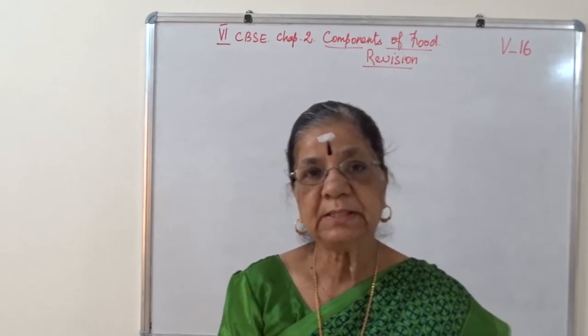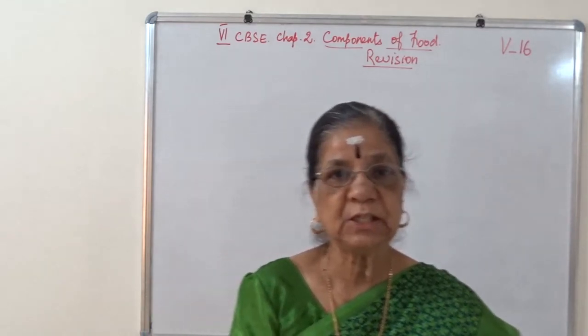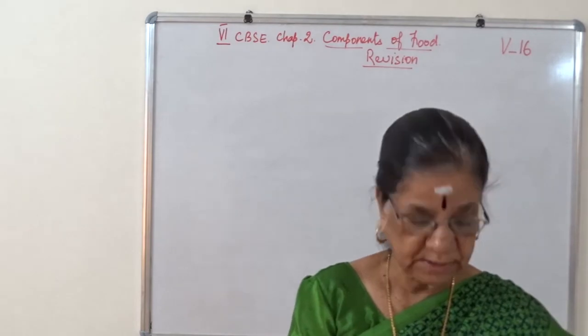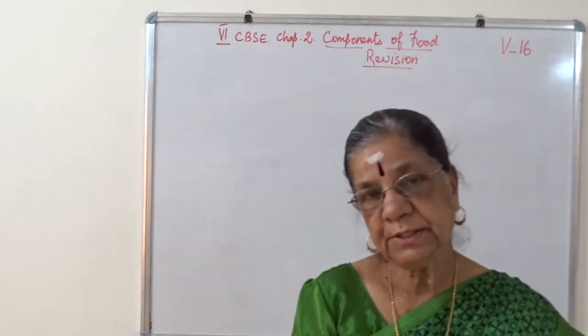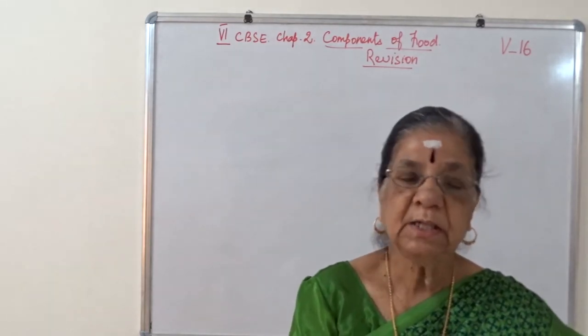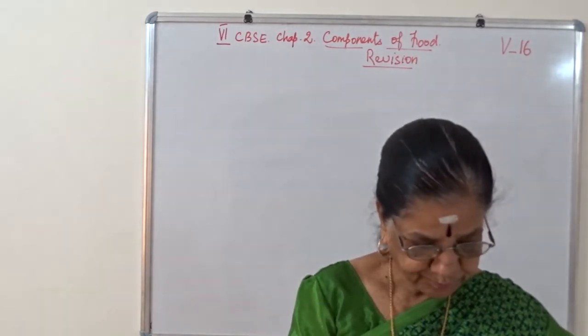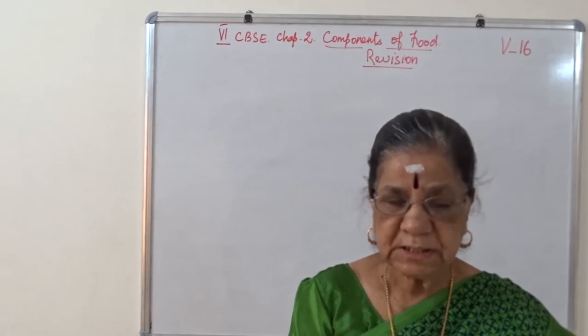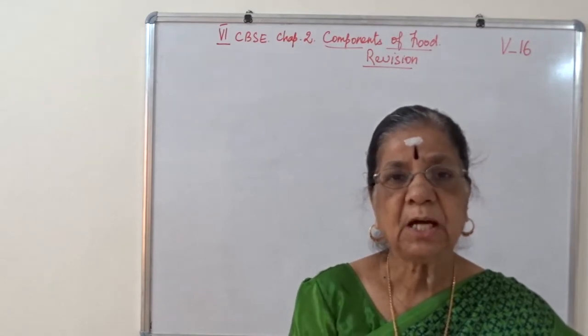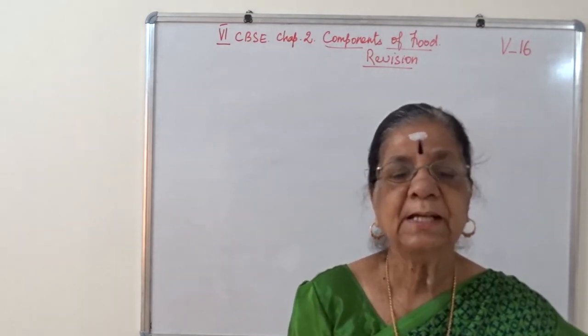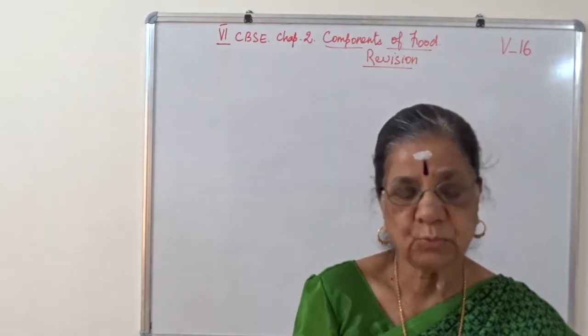Normally the food components are energy giving, body building and protective food. Energy giving: the body uses carbohydrate and fat especially as energy giving food.